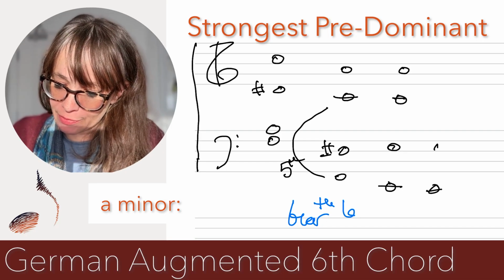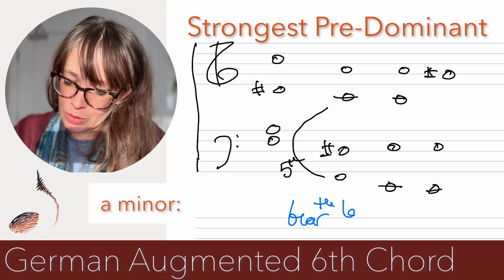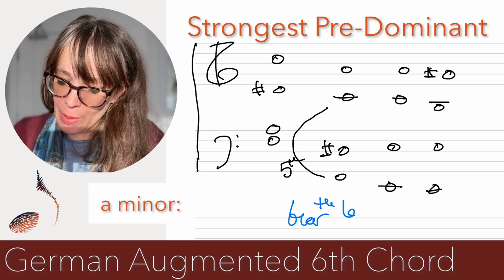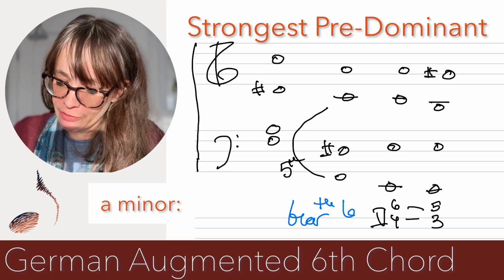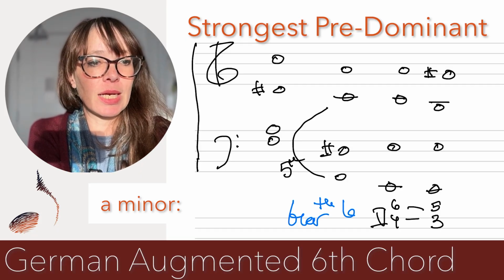I'm going to leave that in place for a specific reason, just so you see. So then this will come down to the G sharp, and this will come down to the B. So that is our 5/6/4 to a 5/3. Okay, and that, my friends, sounds like this.